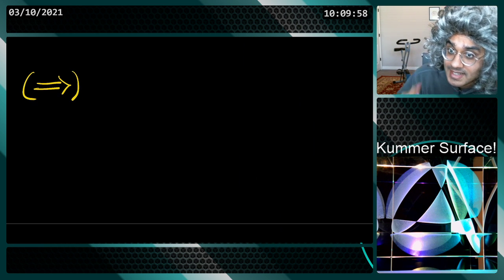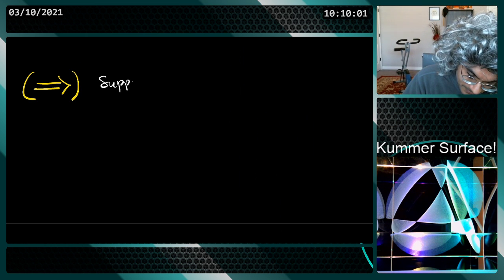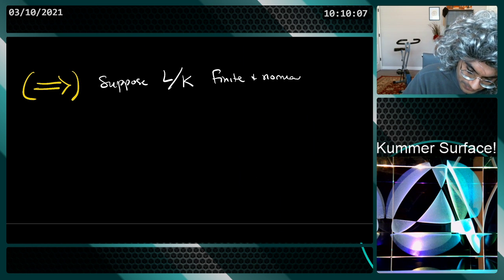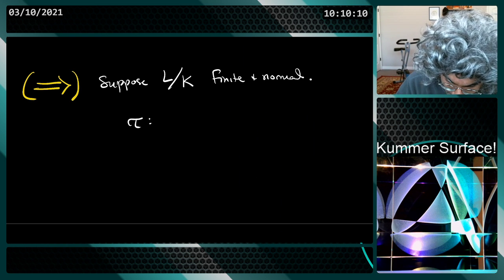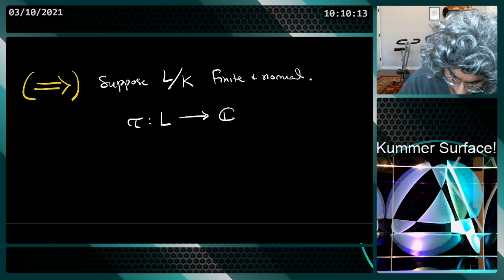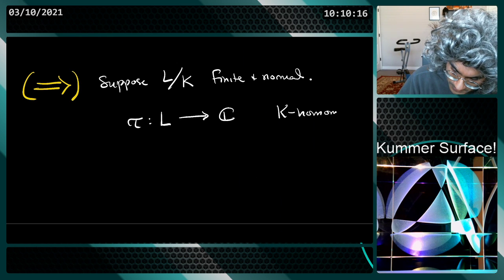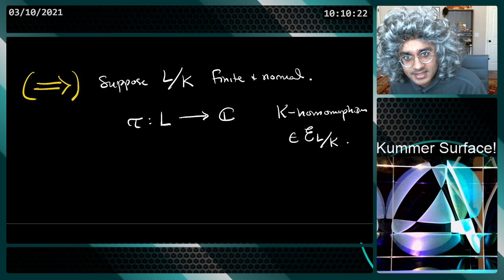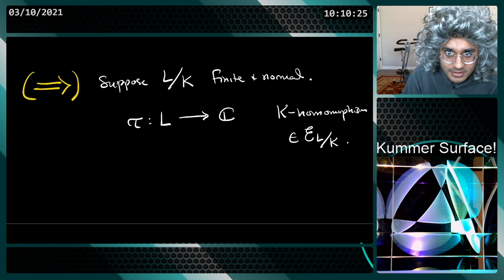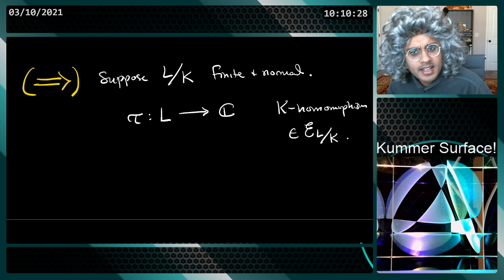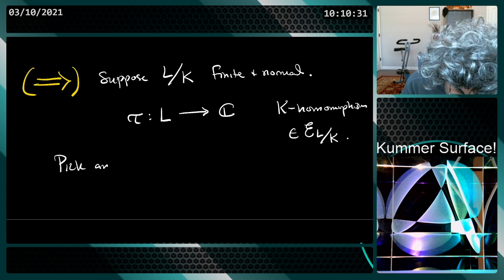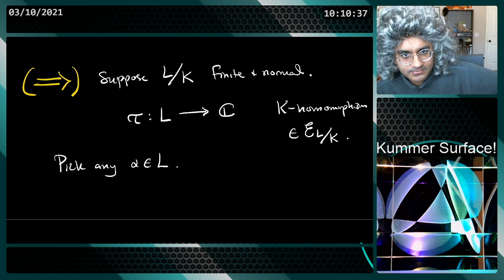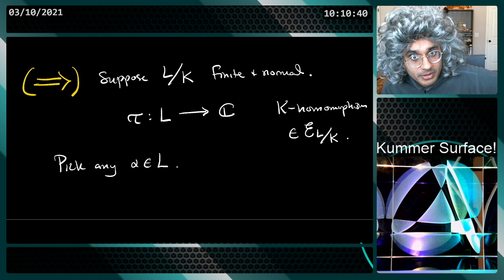Okay, suppose L over K is finite and normal, and choose a K homomorphism tau. This is an element in the ways of embedding L as a subfield of C. Now look, pick any alpha inside of this L. Now alpha is an algebraic number because L over K is finite.